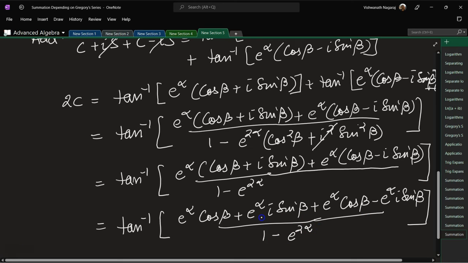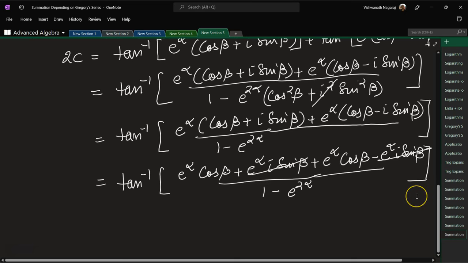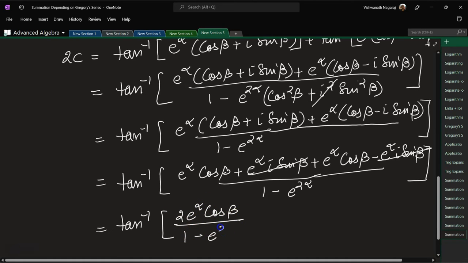So here the sine gets cancelled. So we are left with tan inverse of 2 times e to the power of alpha cos beta by 1 minus e to the power of 2 alpha.